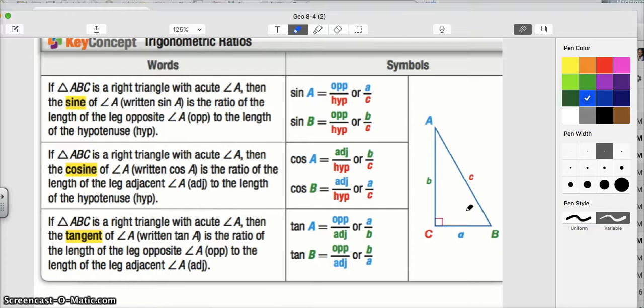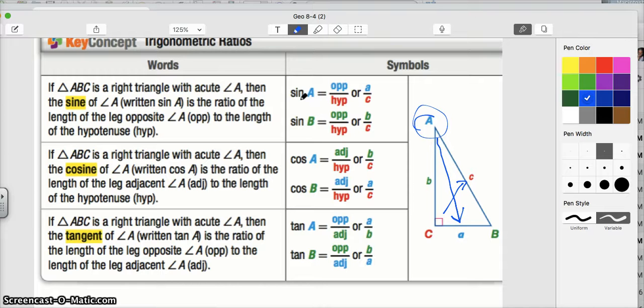So if I'm standing at angle A, the opposite side would be A and the hypotenuse would be C. And if you remember, sine is opposite over hypotenuse.